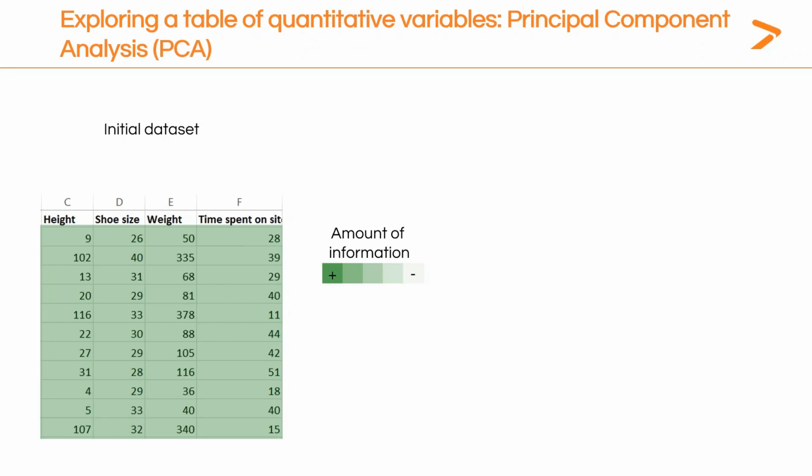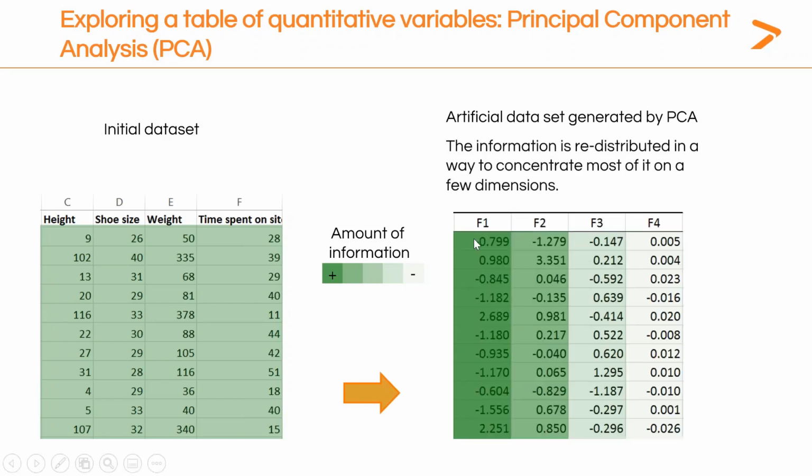Now PCA will create an artificial data set with a number of columns similar to the number of columns from the initial data set. So we had 4 columns first, now we have 4 in PCA. The difference is that PCA will concentrate information in the first dimensions of this artificial data set. So here, the first column and the second column hold a higher amount of information as compared to F3 and F4.